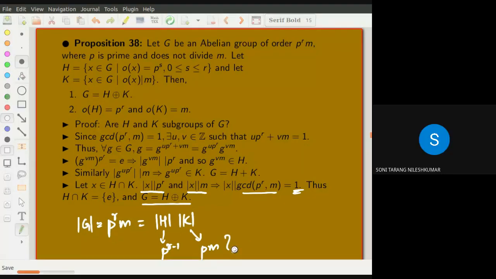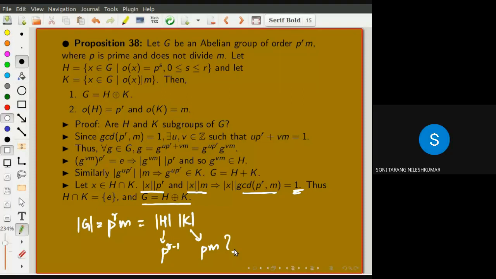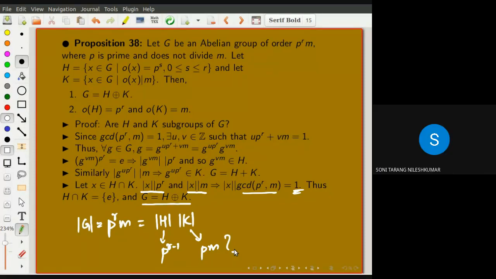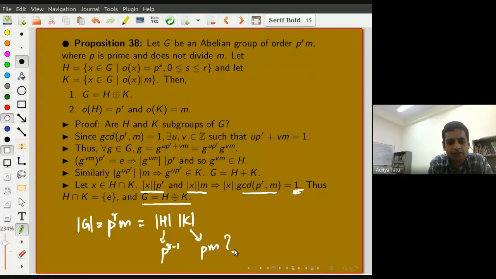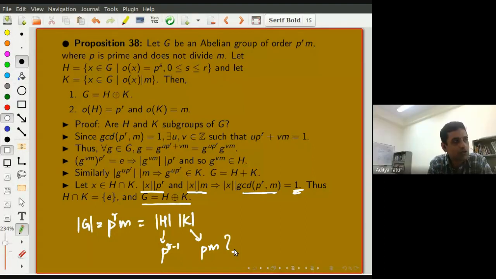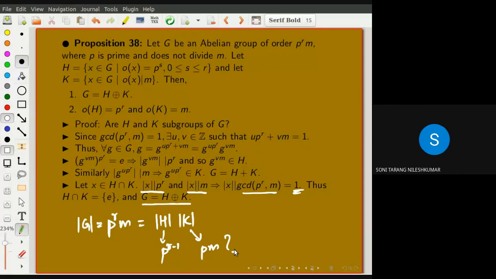No, sir, the GCD will not be 1. GCD of what will not be 1? GCD of the order of H and the order of K. That should not be 1. So is that a problem? Then for H intersection K, we cannot say that it will be the identity. Why?